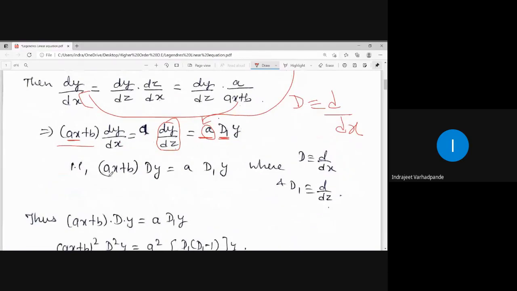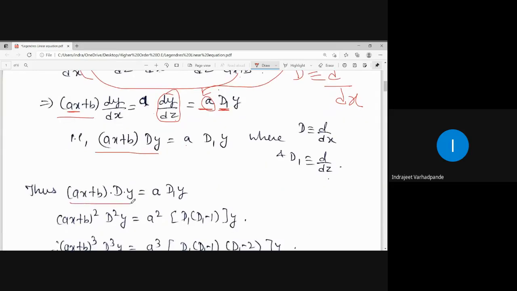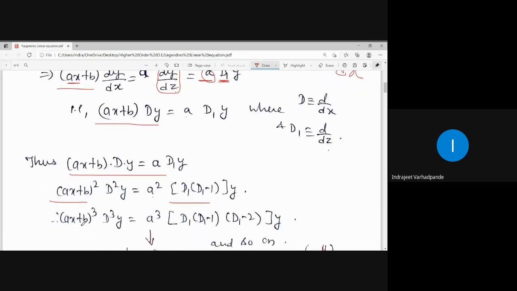Similarly, we get ax plus b into Dy is equal to a D1 y, where D represents d by dx and D1 represents d by dz. ax plus b Dy is a D1 y. ax plus b whole square D square y will become a square into D1 into D1 minus 1 y. ax plus b whole cube D cube y will be a cube into D1 into D1 minus 1 into D1 minus 2 y.